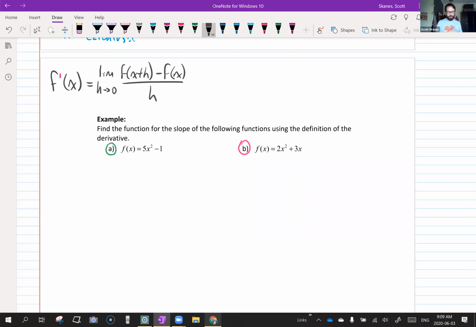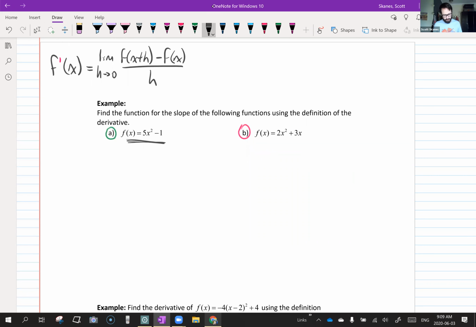Let's use that formula and find the derivative of this function here. So just so we're crystal clear, for this function, f of x is going to be 5x squared minus 1. F of x plus h is going to be 5 times (x plus h) squared minus 1. Let's use our formula. F prime equals the limit as h approaches 0 of what? Well, I'm going to use my formula.